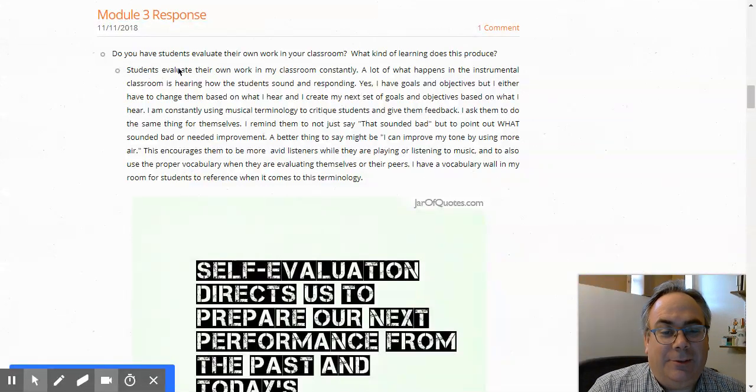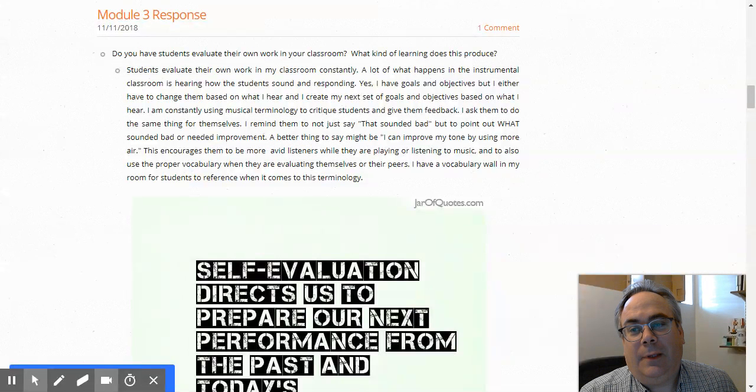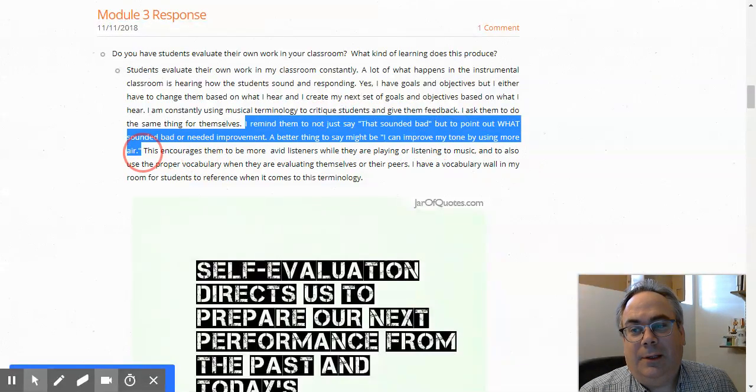So when I read the comments about how you are able to have your students self-assess, I wondered how to do that, because I think my own issue was the inability to do what I've highlighted here.